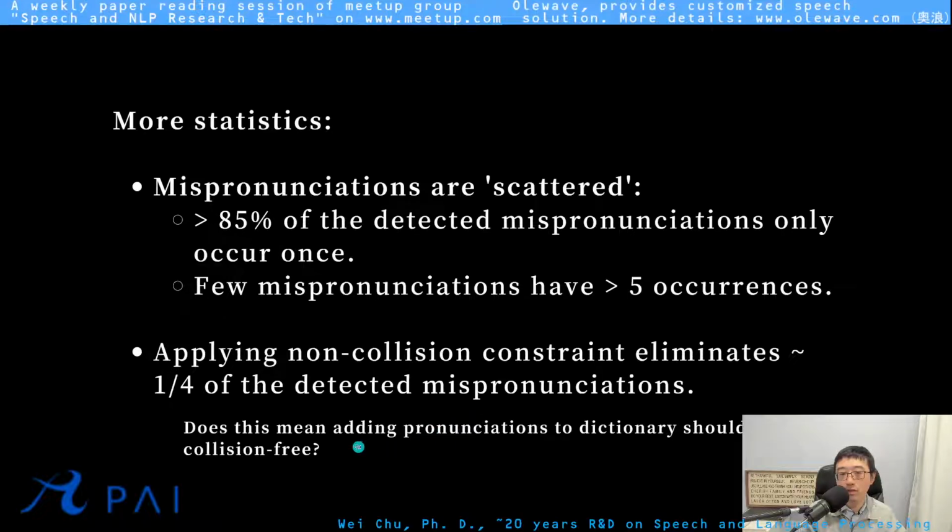I think I just mentioned that before. Should it always be collision free? My idea is that you might want to avoid collisions, but if there are collisions, that might be fine, right? Because in the English dictionary, there are words with collisions.